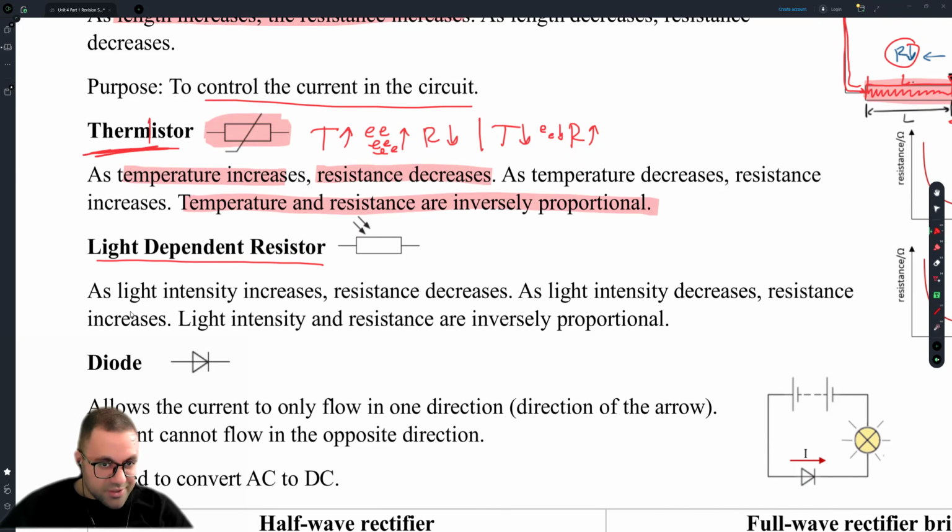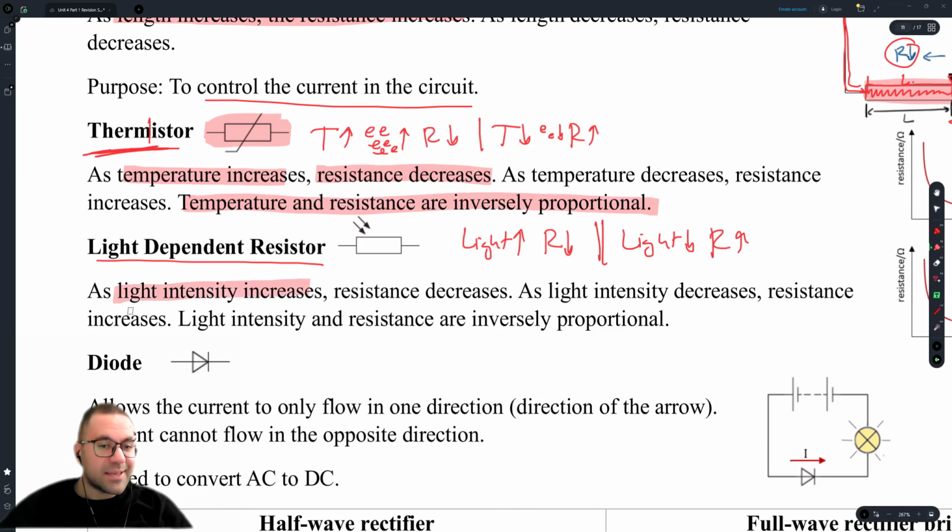It basically is a resistor that's affected by light. When the light shining on that resistor increases, its resistance decreases as well. It's inversely proportional. And when the light on it decreases, meaning you put it in the dark, its resistance increases.